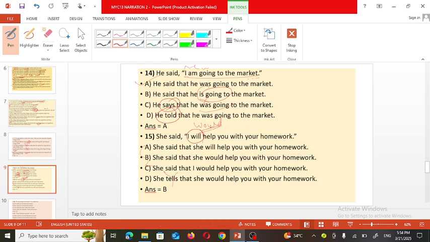In the first lecture, I told you what changes are expected for modal auxiliaries: may, might, can, could, will, would, shall, should. So she said that she would, not I. So option B is correct.